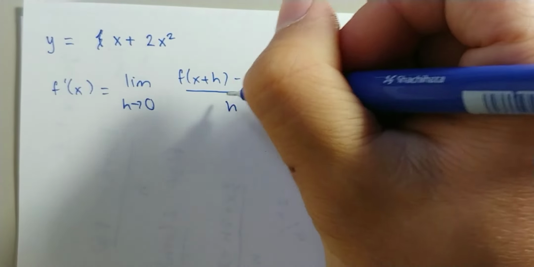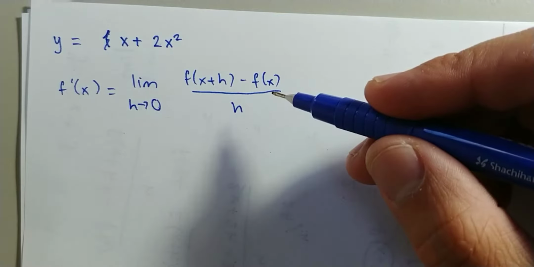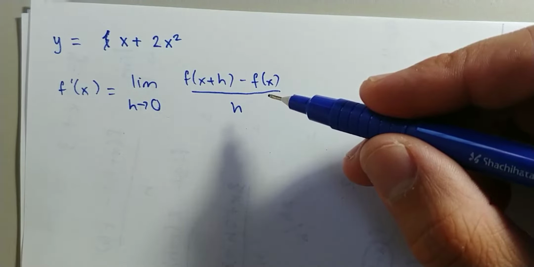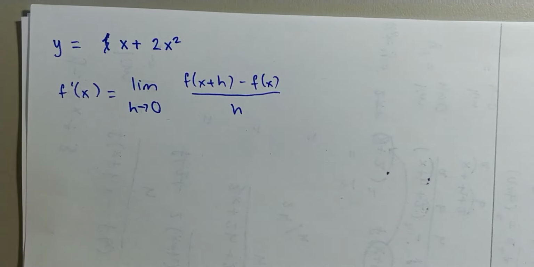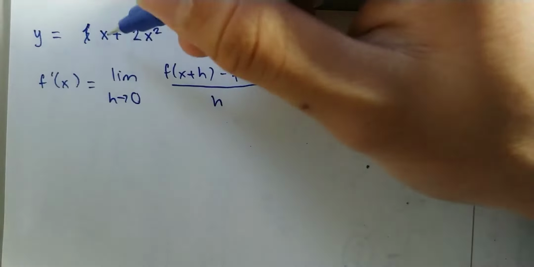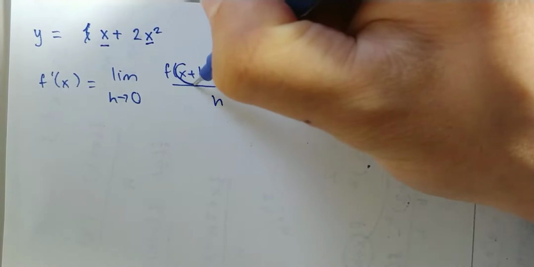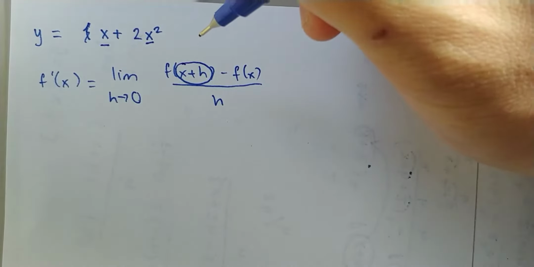You don't have to rewrite this formula the whole time. I'll just do it in case you forgot what the formula is like. Now, as I said before, you look for the x, then you replace that by x plus h.